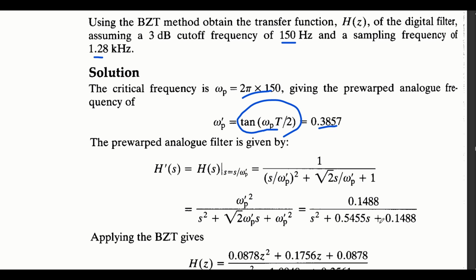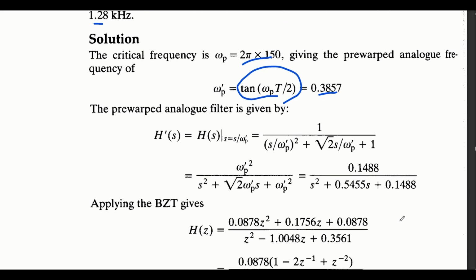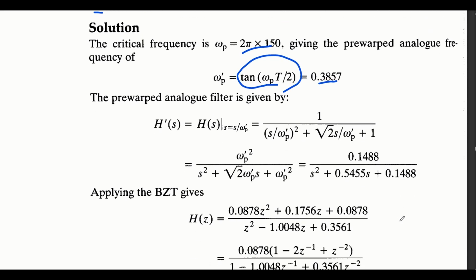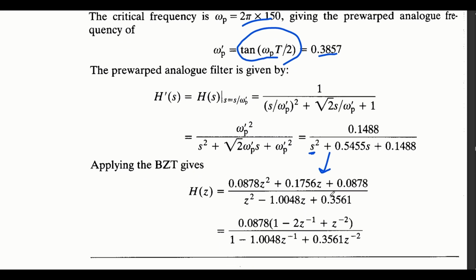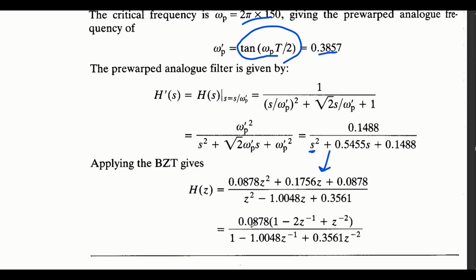This whole process is expansion, and this is just algebra, so I don't need to stress myself explaining. Then the next step is that anywhere you see s, replace it by z minus 1 over z plus 1. And now when you do that, you arrive at this expression.